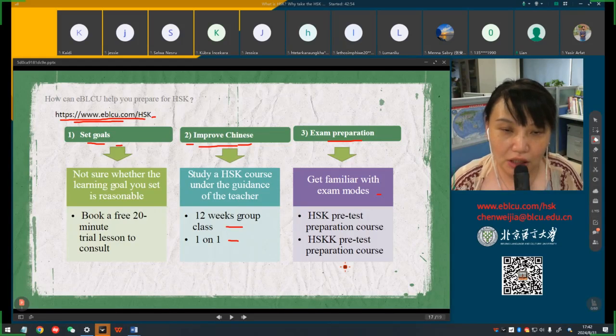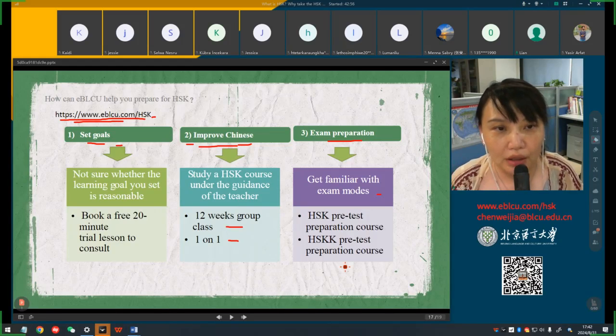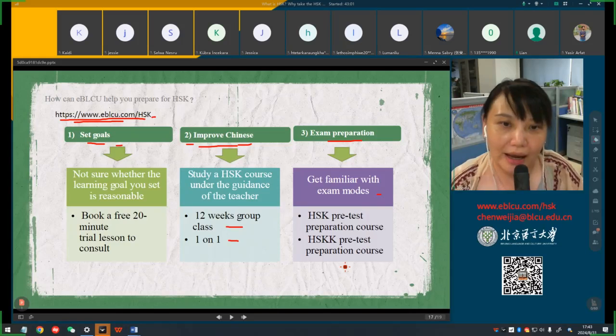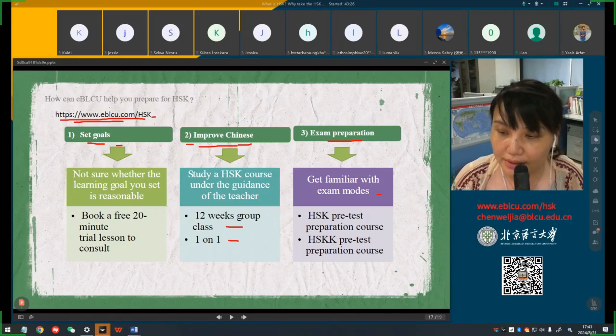Under the guidance of the teacher, the teacher will help you prepare the oral speaking part, correct your tones and mistakes, and give you an idea of how to answer a question in oral speaking. The structures and formats of the oral speaking test are also very helpful. So yeah, you can choose the HSK or HSKK pre-test preparation course.